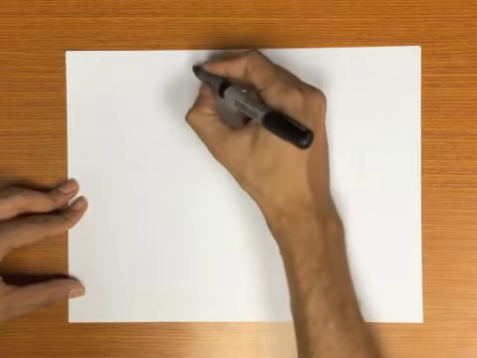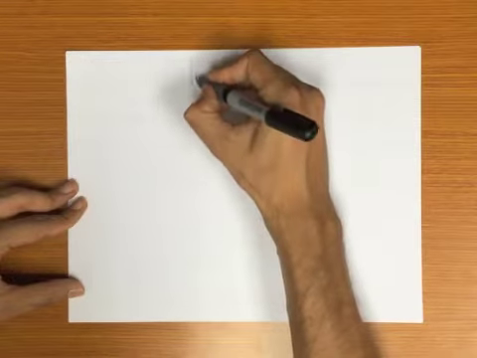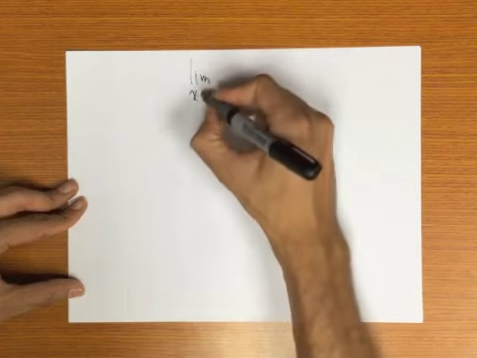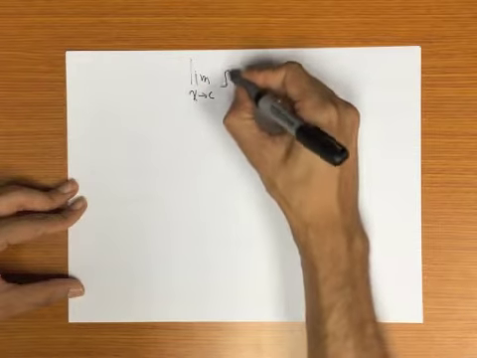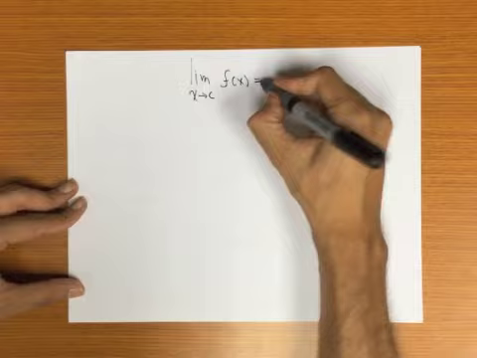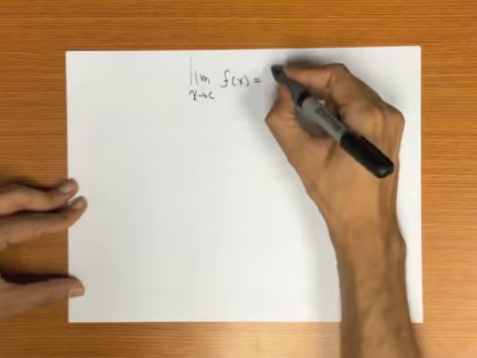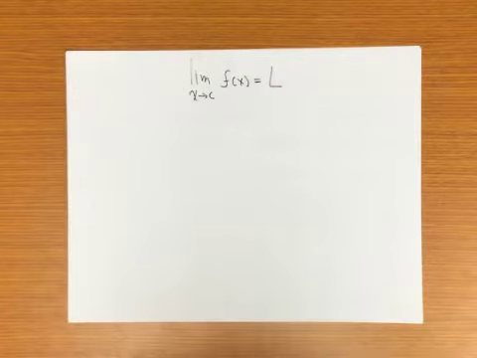So if we want to exemplify this using numbers, we have the following thing. We will say that the limit when x approaches c of f of x will be equal to some number called L, okay?